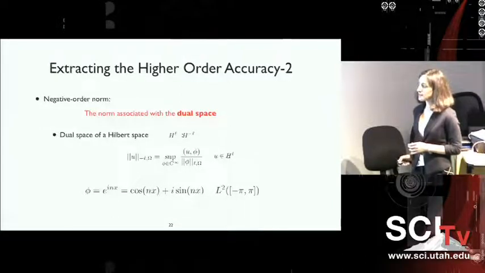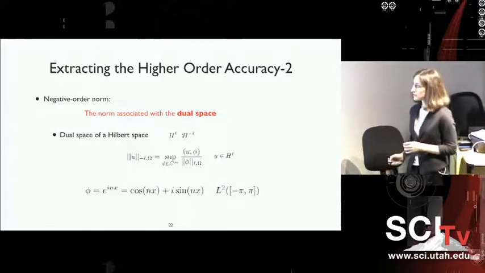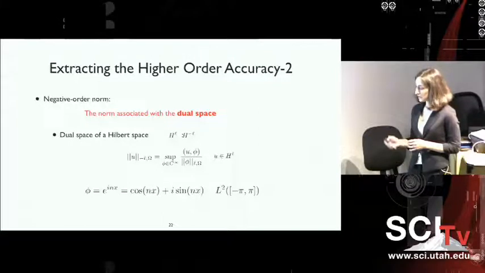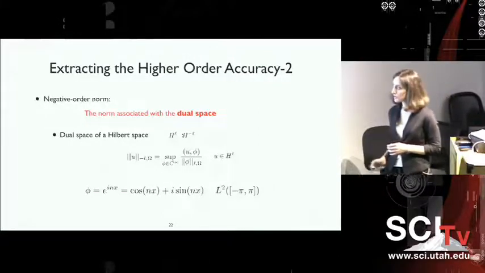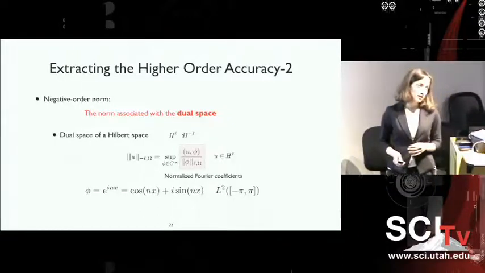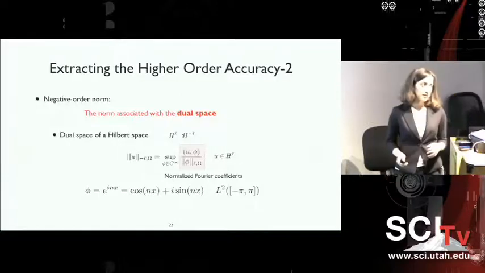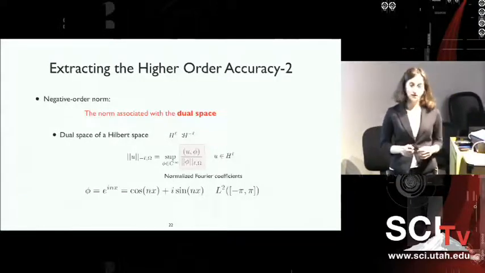And these functions provide a set of orthonormal bases for L2 defined on this domain. If I consider this for my phi function, then this term represents a normalized Fourier coefficient, and the negative order norm will be the supremum of these coefficients.